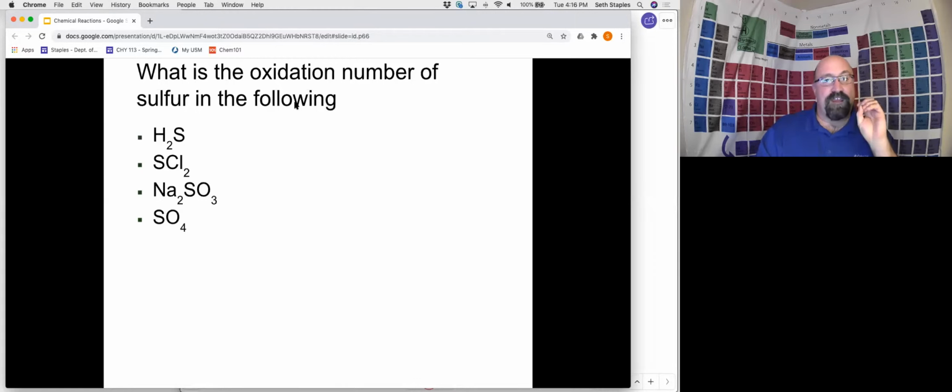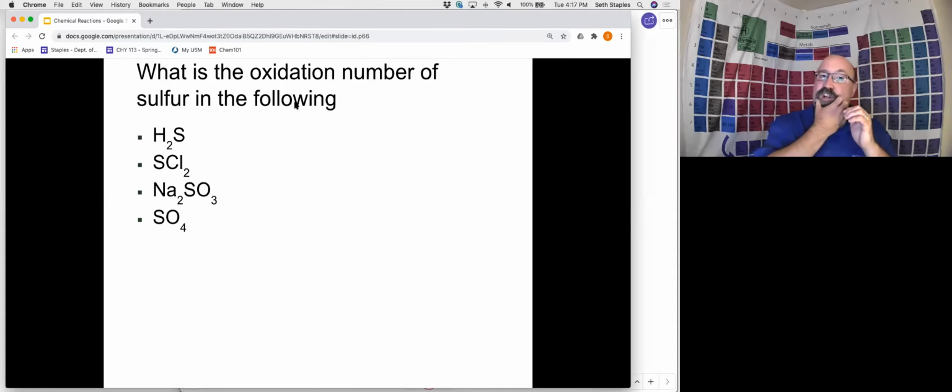We also said that in a neutral compound, the sum of oxidation numbers has to be 0. And so in this case, the oxidation number on sulfur has to be -2, because that's the only way to get our sum equal to 0.